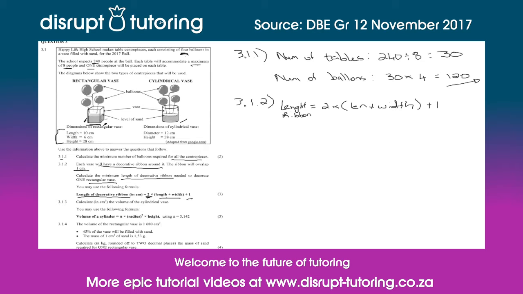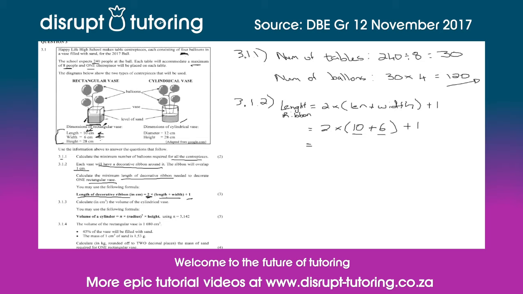They've said that the length is 10 centimeters and the width is 6 centimeters. So this is going to equal 2 times the 10 plus 6, plus 1. Remember, the 10 and the 6 come from the 10 centimeters here and the 6 centimeters there for the width. Put that on your calculator.